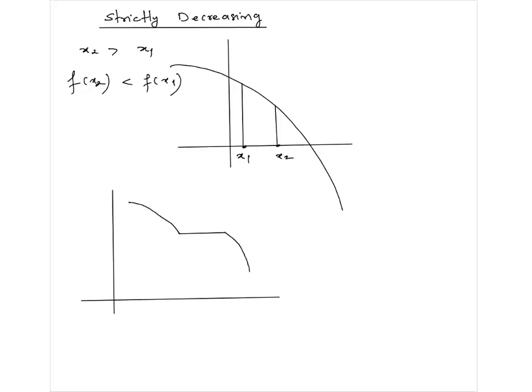So stagnation is allowed, not just once, but many times it's allowed. You can have it like this also, then it can continue to fall. Several stagnations may be allowed. So here the equal to sign is permissible.